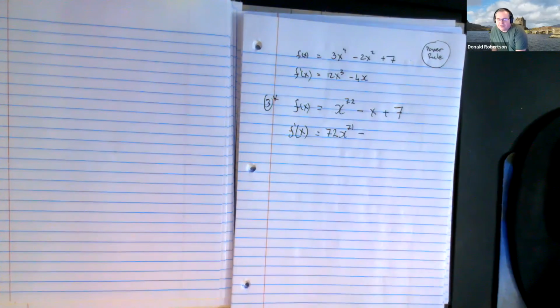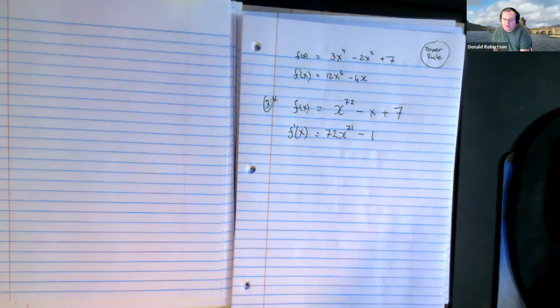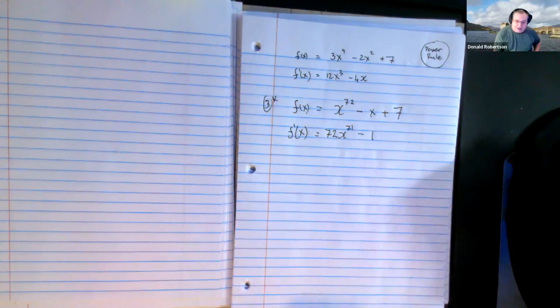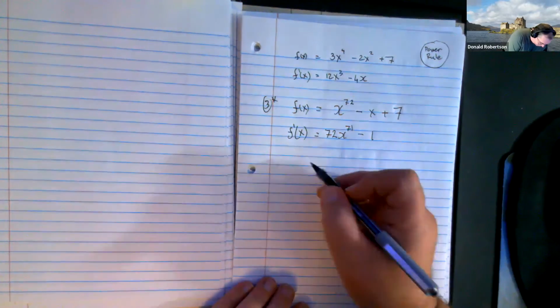Okay, what will the derivative of negative x get me? -1. That's it. And doesn't the number plus 7 get you nothing? Now, I'm going to write down a sneaky question to try and catch you up.